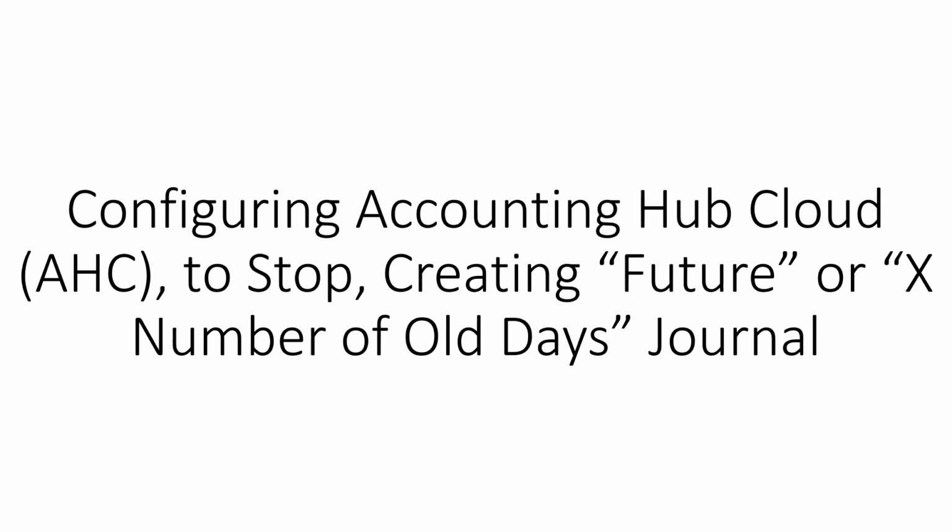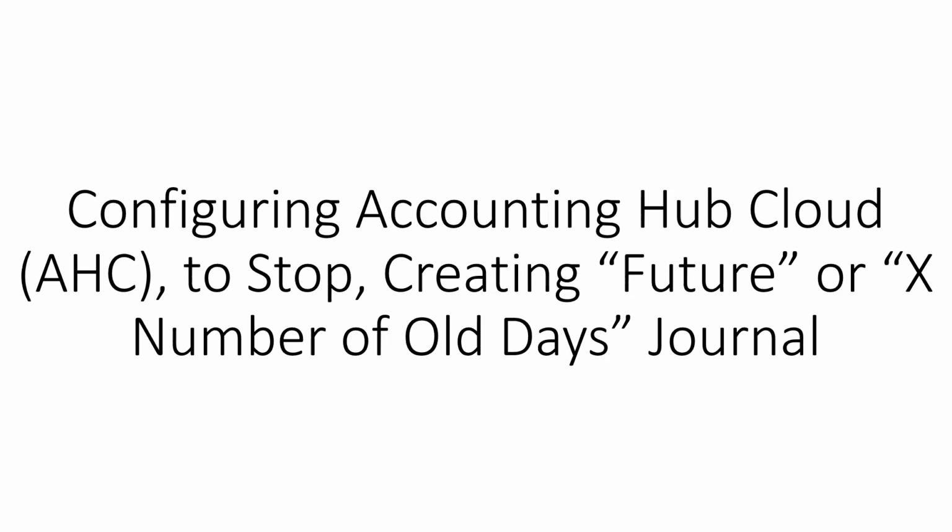Accounting Hub Cloud is a module in Fusion Financials where we load transactions from a transactional system, be it legacy or any Oracle standard transaction system, and those transactions are accounted in Accounting Hub Cloud based on rules configured in it, and then those accountings are transferred to GL for further processing.